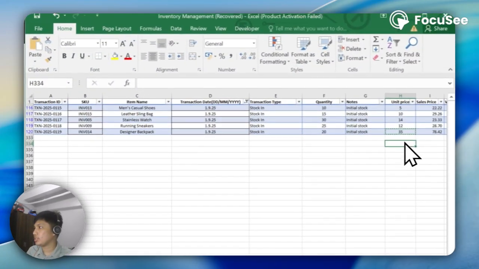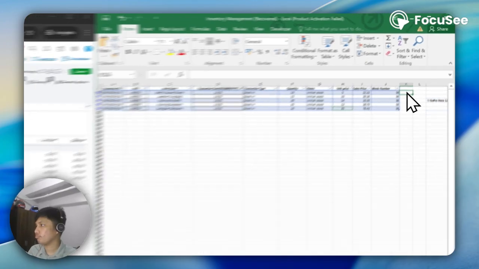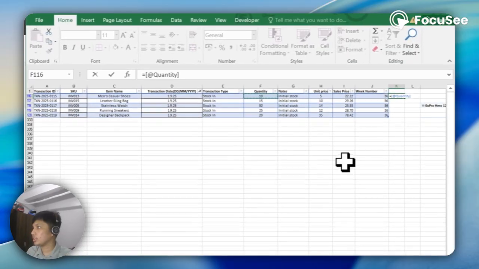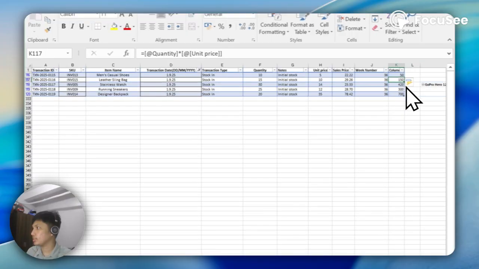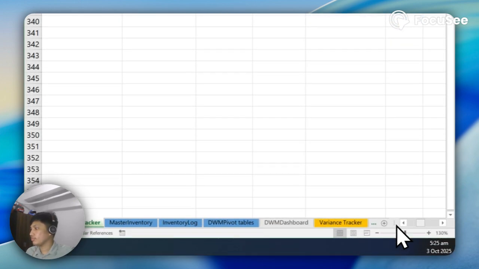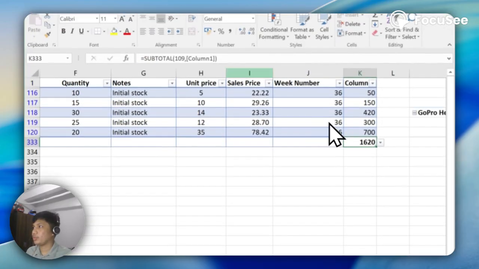Let's check if this is correct: quantity times unit price. And then let's check if this is 1620. Everything that we have input is correct.